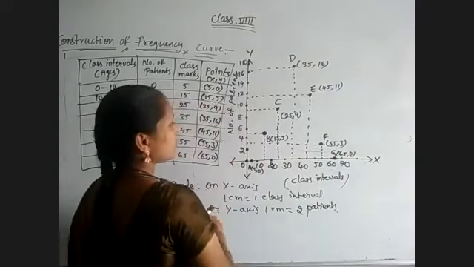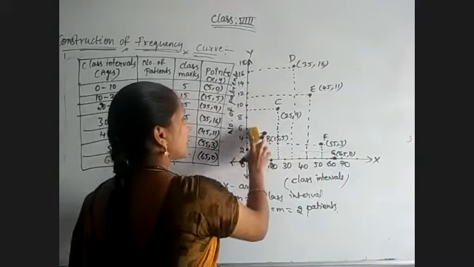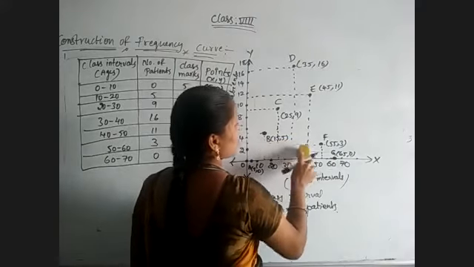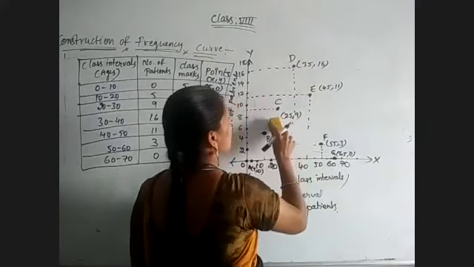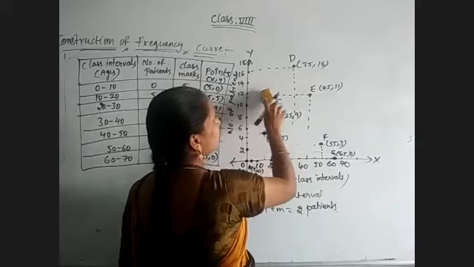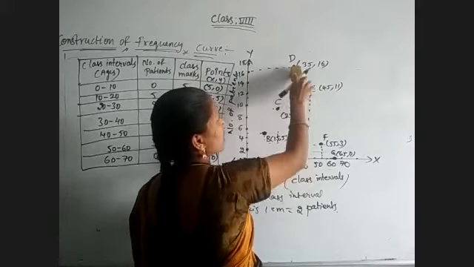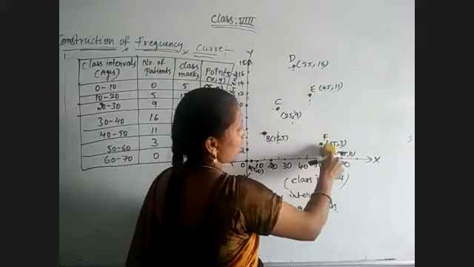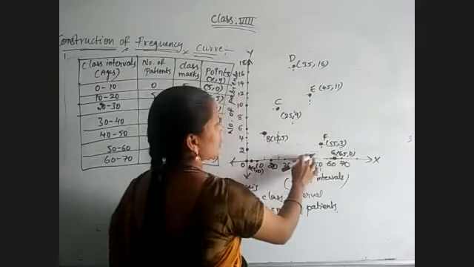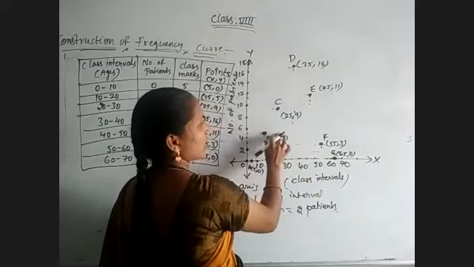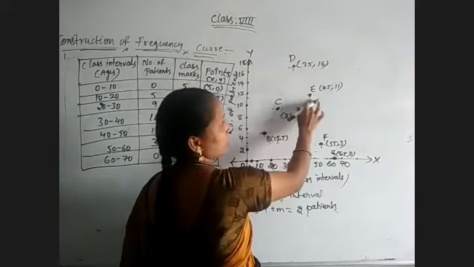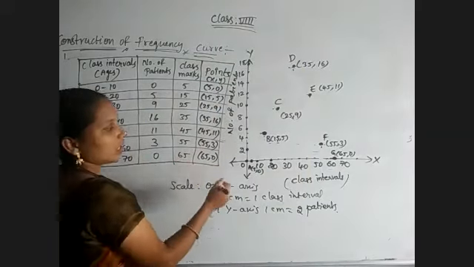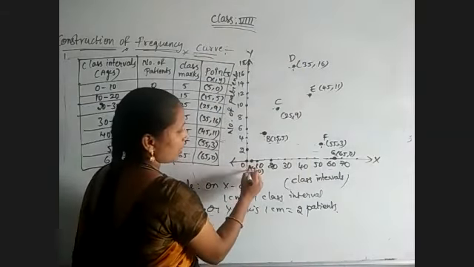Now, to construct the frequency polygon, join all those points by using a scale. If you are constructing the frequency curve without using the scale, just join all those points by using your hand. All these labels you need not mention, I have shown them for understanding purposes.